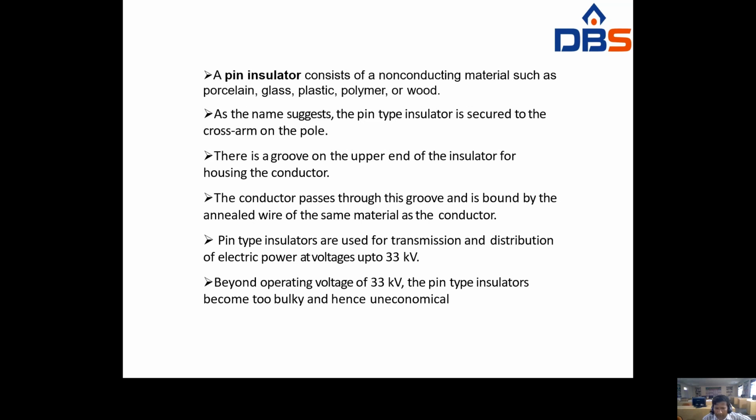Pin type insulators are used for transmission and distribution systems of less than 33 kV, but generally you can say 11 kV, though it may be used up to less than 33 kV. Beyond 33 kV, the pin type insulators may become too bulky and hence uneconomical. That is, they may break.